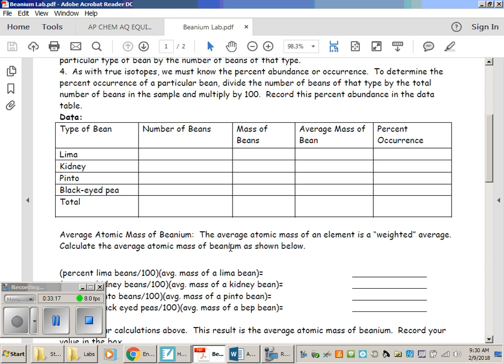Full lab notebook and share. Look for a scale and a bag of beans.